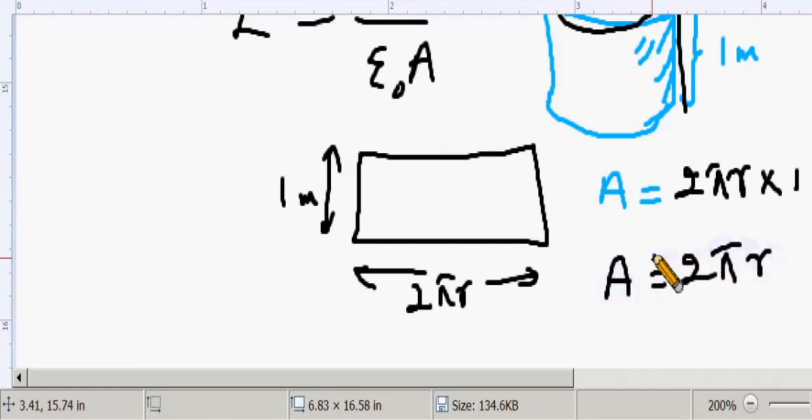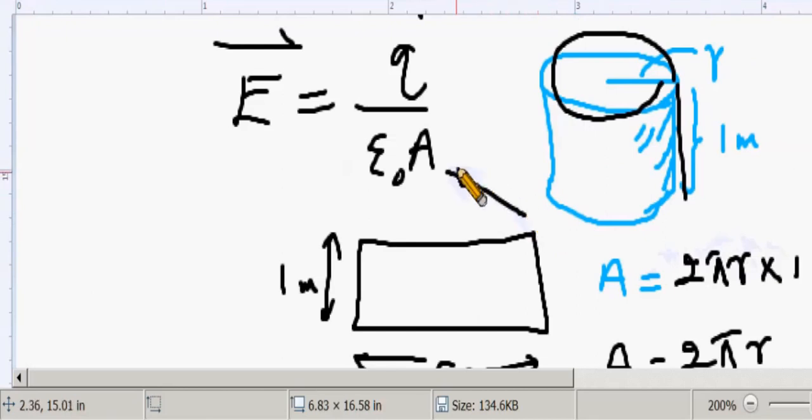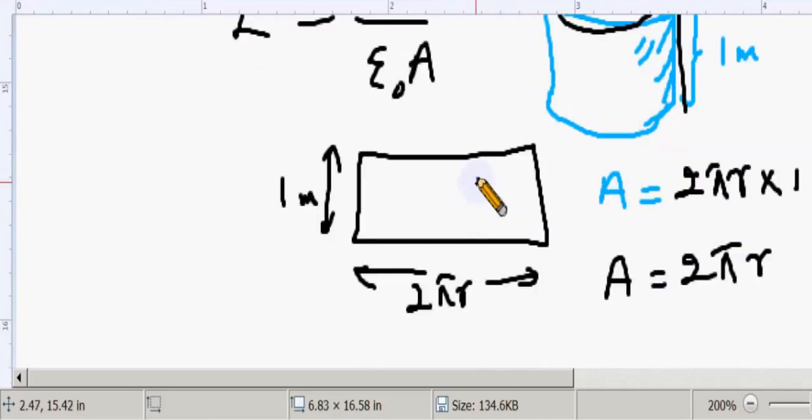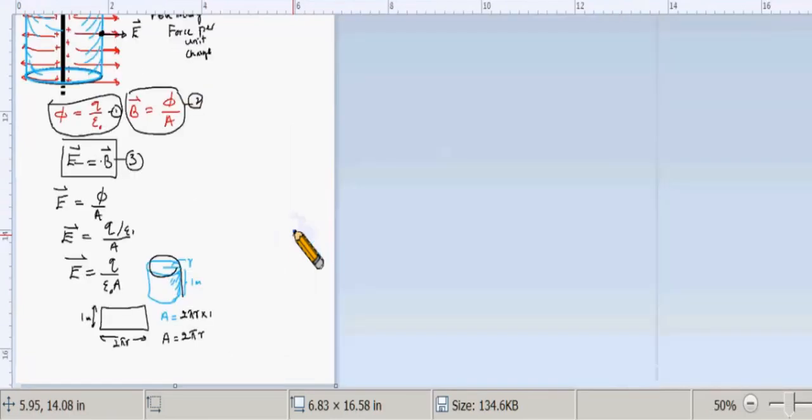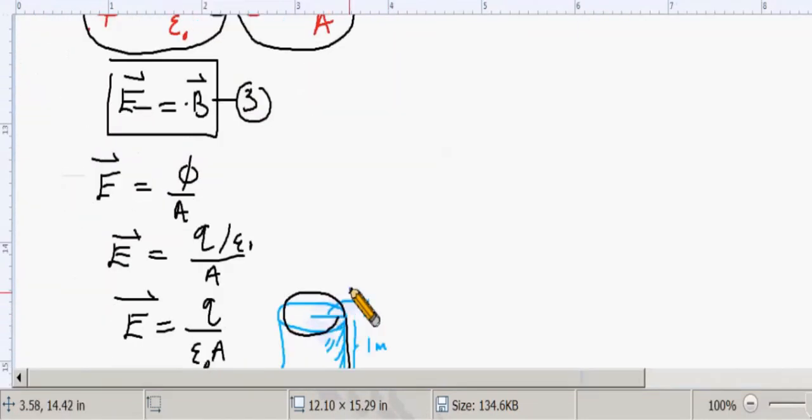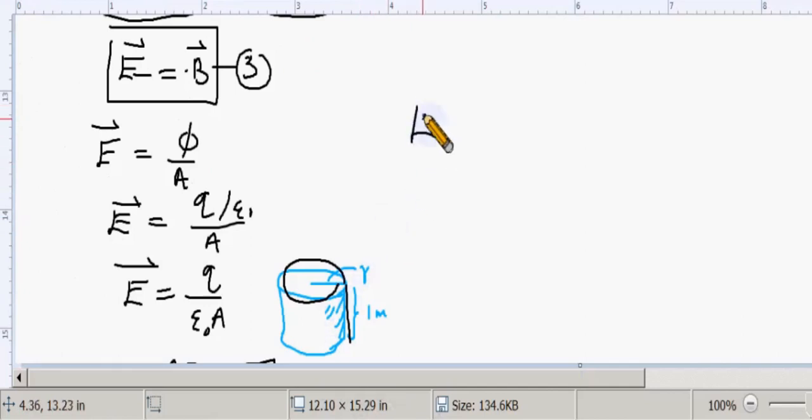So A equals 2 pi r. Then we can substitute it to this equation. So then we get E equals Q divided by epsilon naught, here A, instead of A 2 pi r.